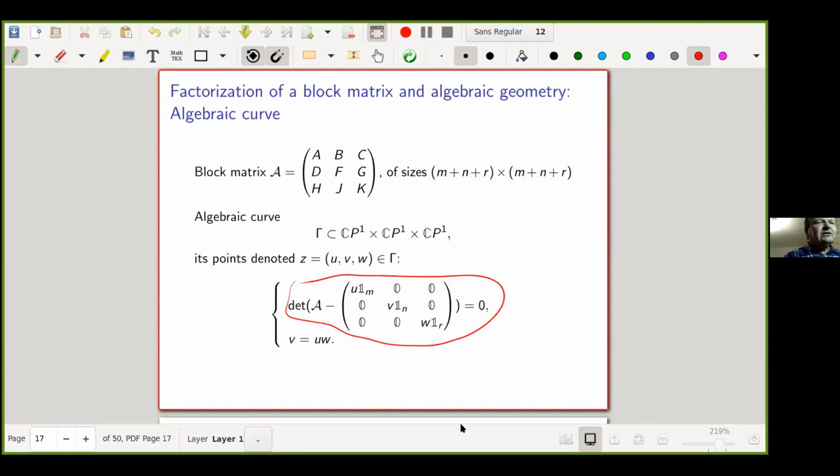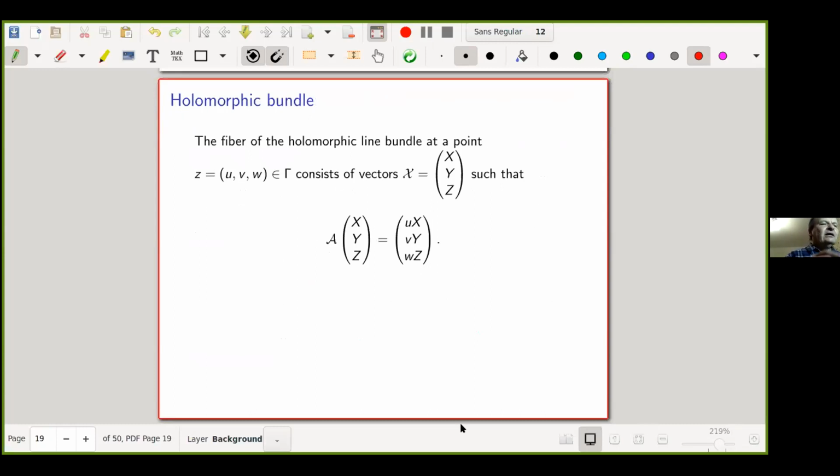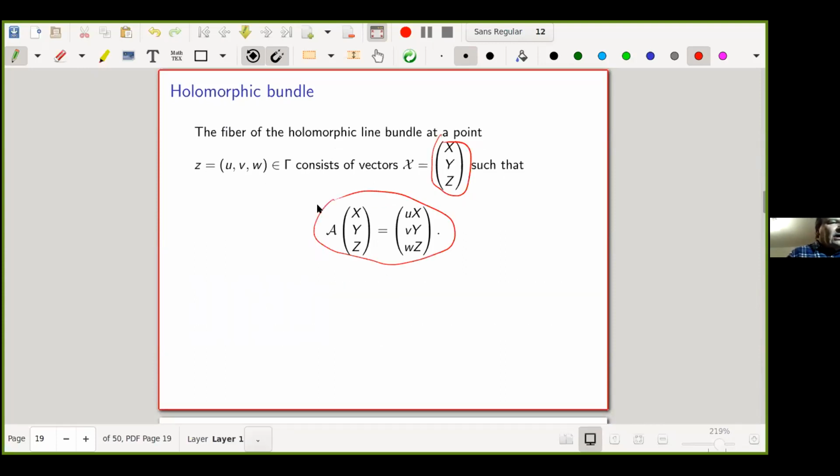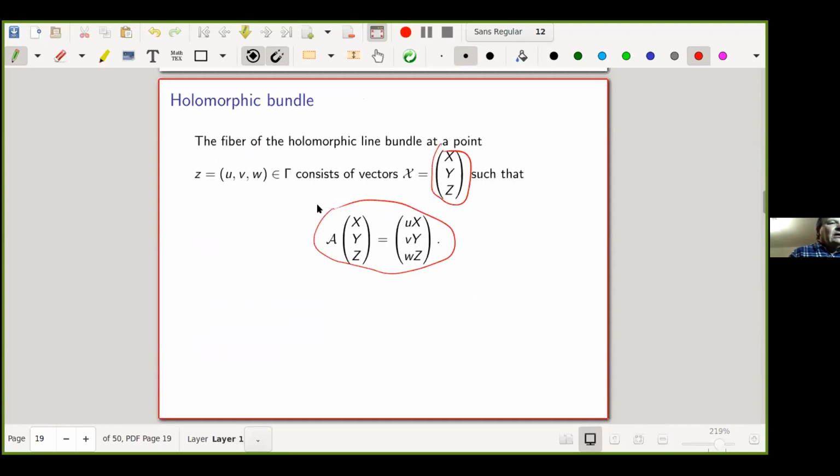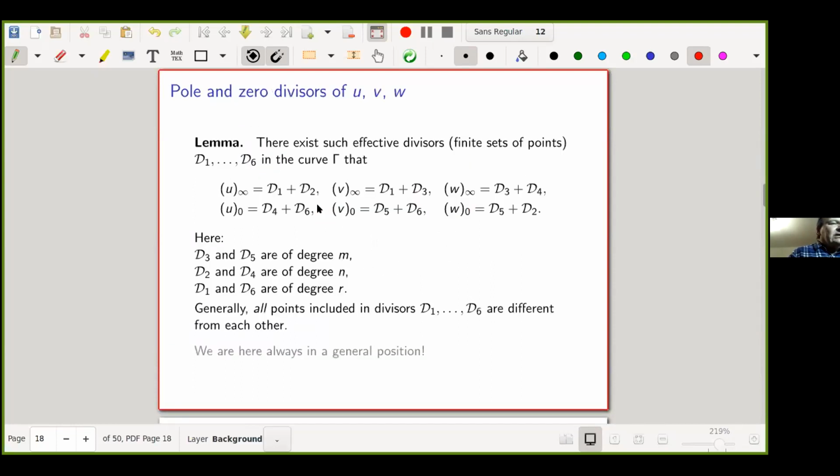So this first equation means that there is some vector x beautiful, some block vector, if I may put it like this, that satisfies this relation. Okay, and return now to this screen.